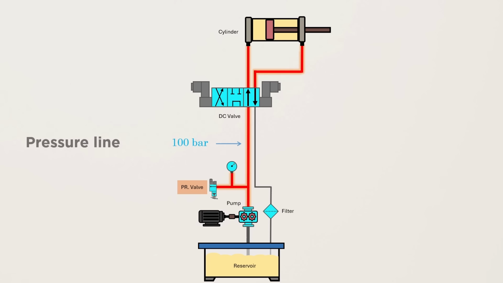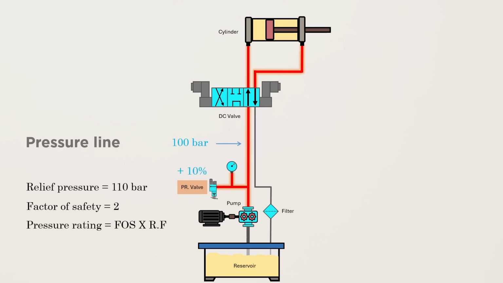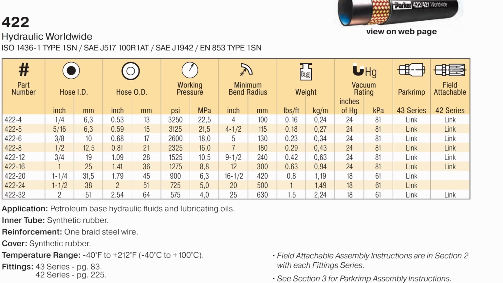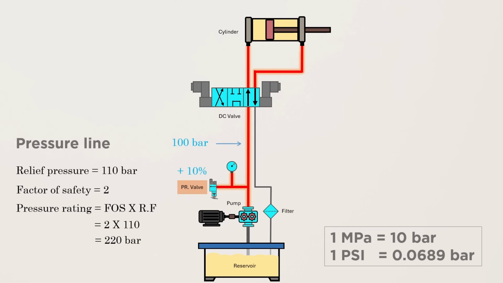So if relief valve is set 10% higher, so at 110 bar, and we apply a factor of safety of 2, so the pressure rating becomes 220 bars. Now, if you see the hose catalog, pressure ratings are usually defined in megapascal or PSI. So 220 bars becomes 22 megapascal, or approximately 3200 psi.